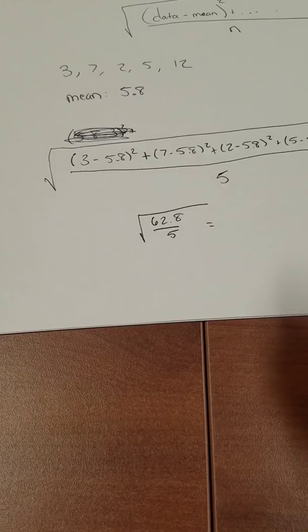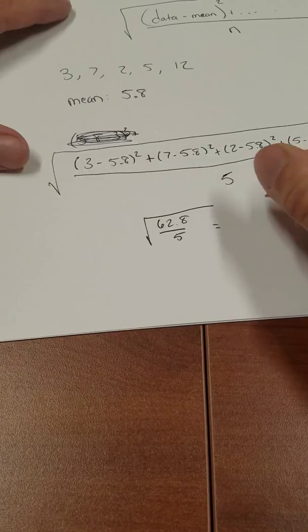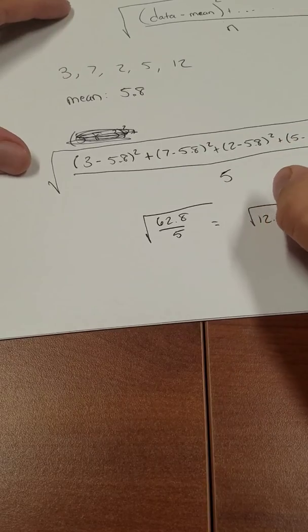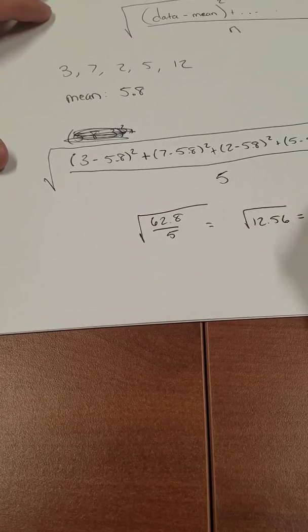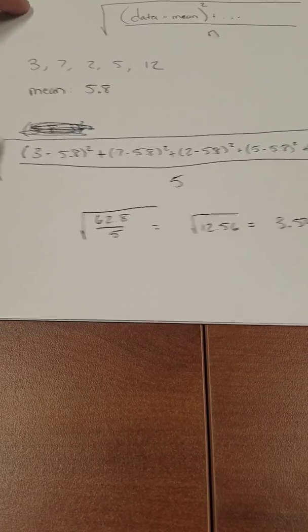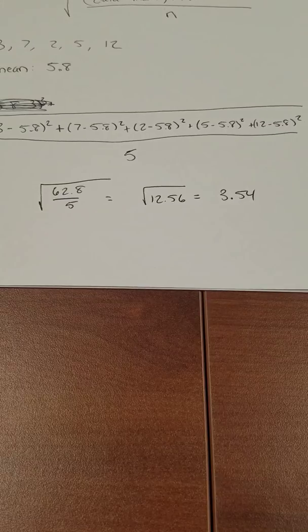Okay? And then that's 12.56. Take the square root of that, and you get 3.54. And that is the standard deviation of our data set.